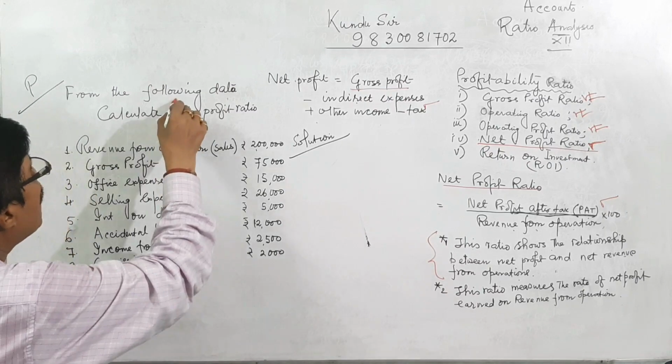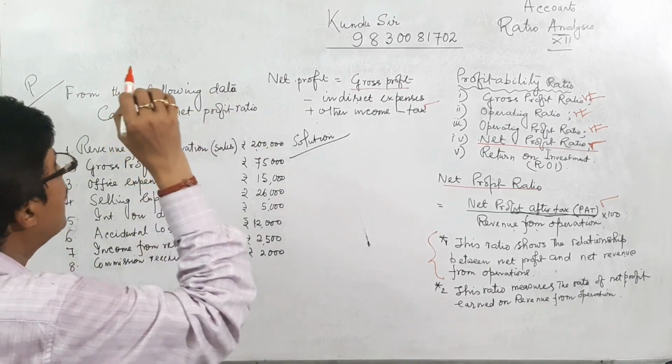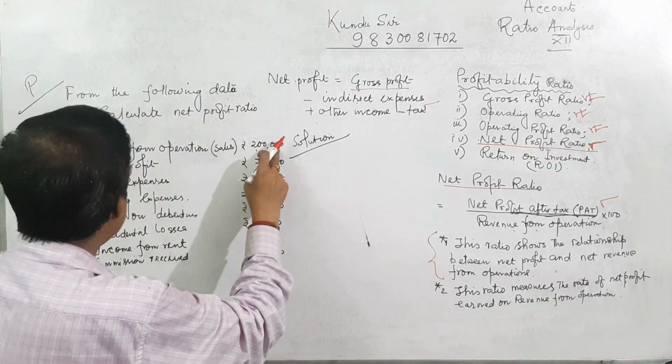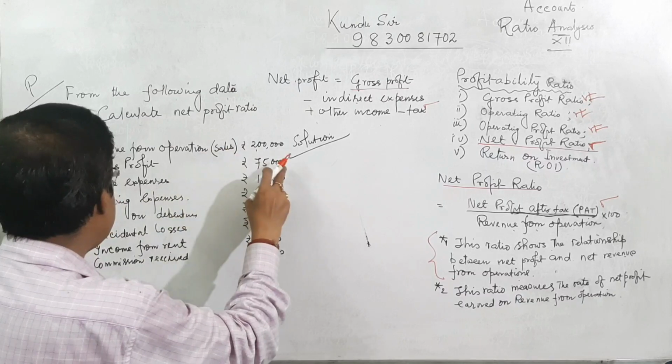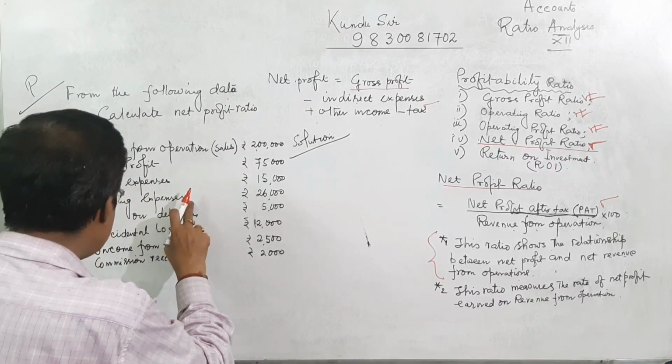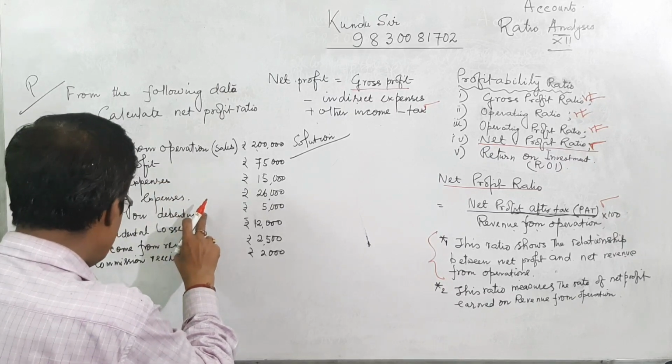Now, from the following data, calculate net profit ratio, given revenue from operation, then gross profit, then office expenses, selling expenses, interest on debenture.